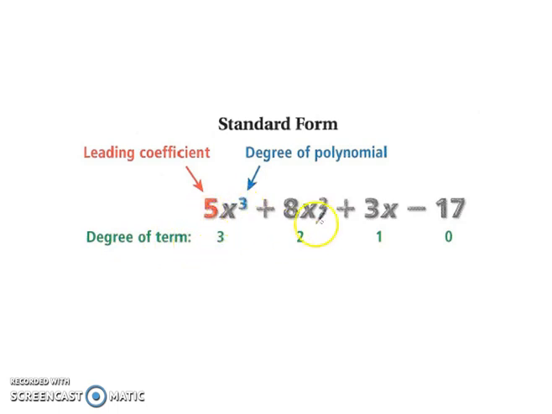So we have 5x to the third, so the degree of that term is 3. 8x squared, the degree of that term is 2. 3x, the degree is 1, and minus 17, the degree is 0. So when you put it in standard form, you go from largest degree to smallest degree, and then the degree of the polynomial is simply the one that is the largest.